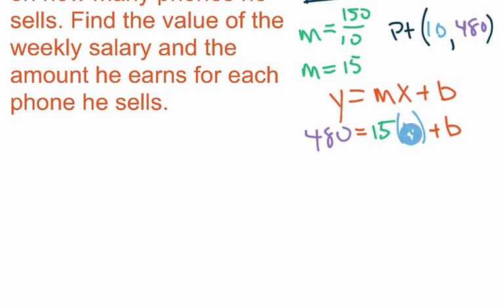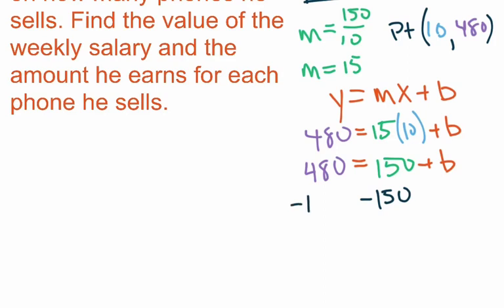Our first step is to simplify this portion of work right here. So bring down 480 equals 15 times 10 is going to give me 150. Bring down the plus b. Now we subtract 150 from both sides to isolate b by itself. Subtract 150.